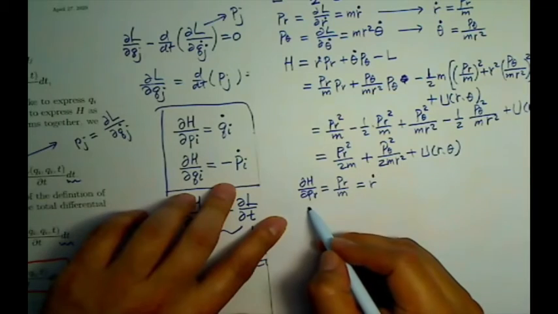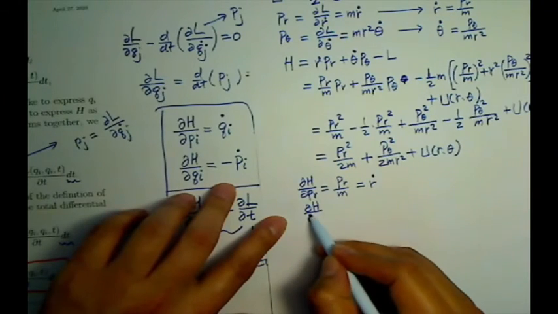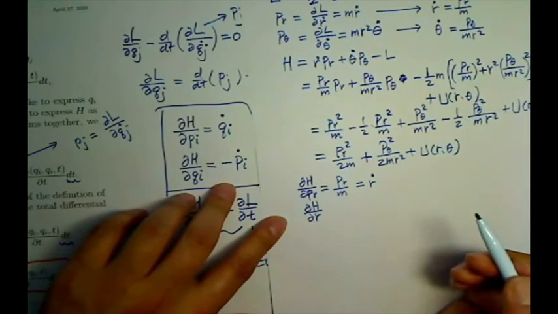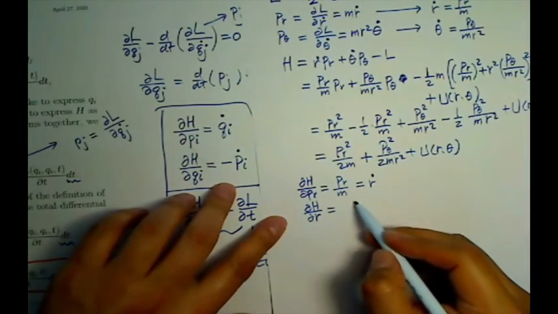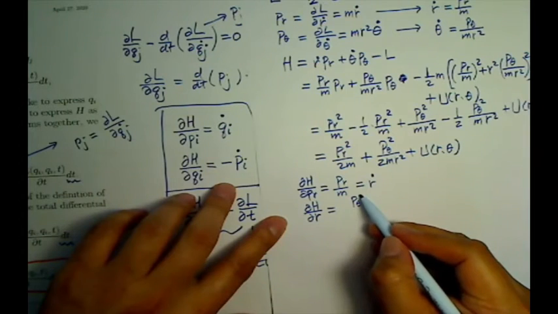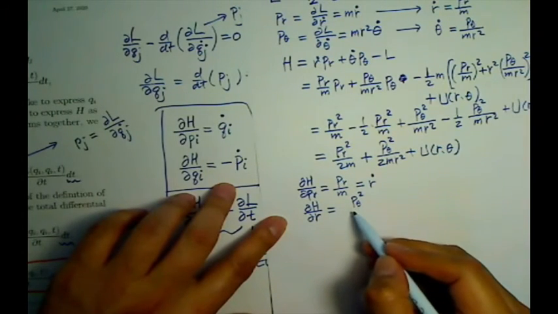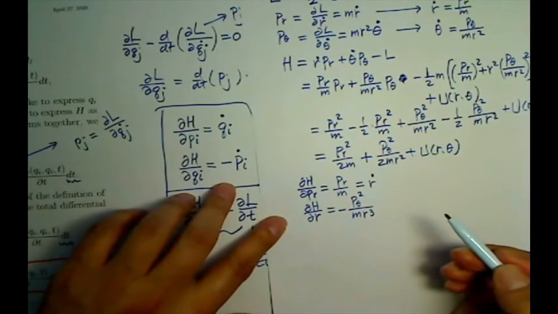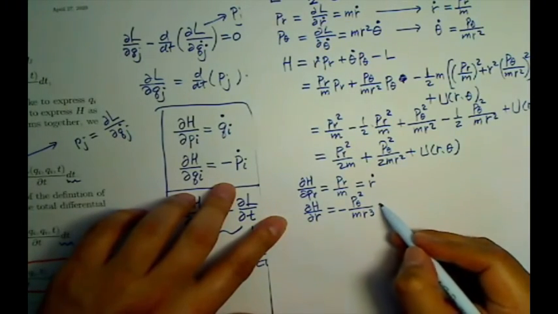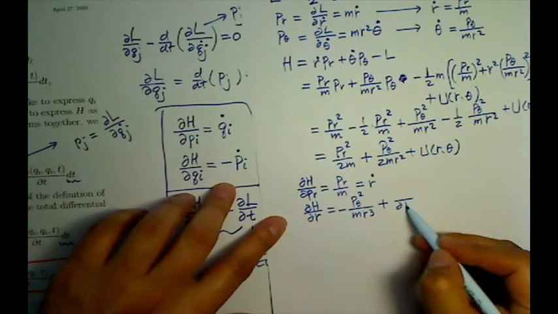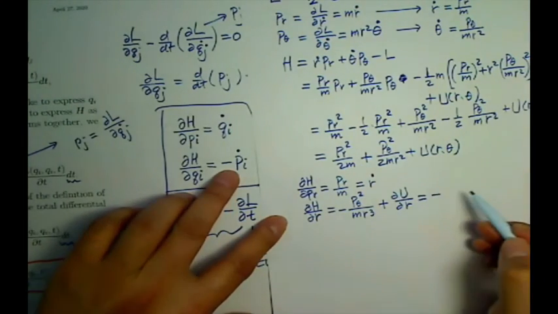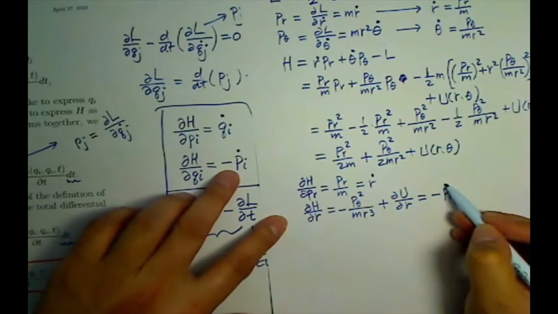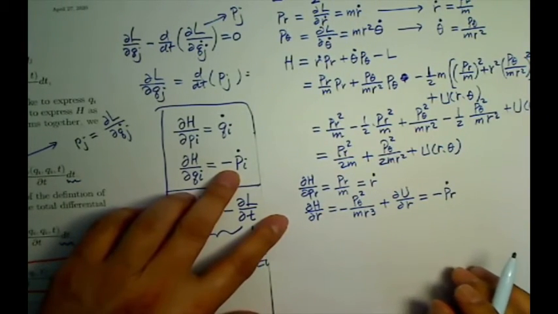And partial H over partial r, that is here minus p theta squared over m r cubed, right? And then plus the partial derivative of U with respect to r equals minus p_r dot, right?